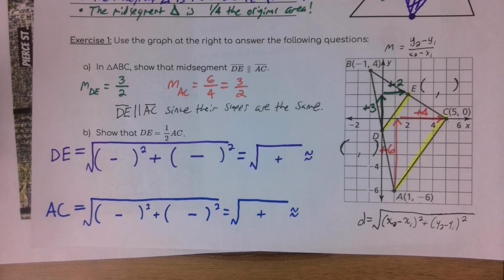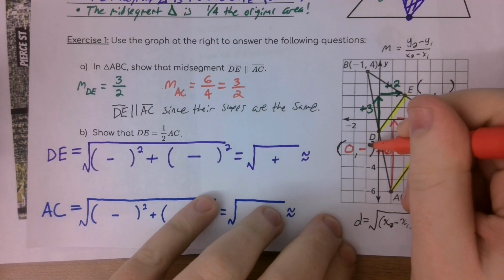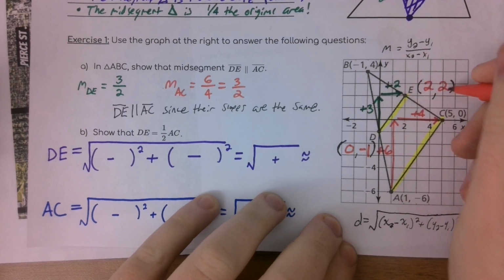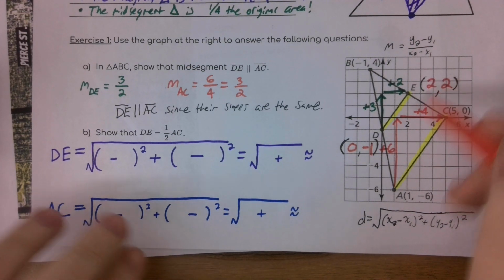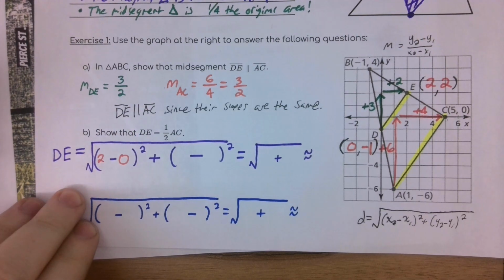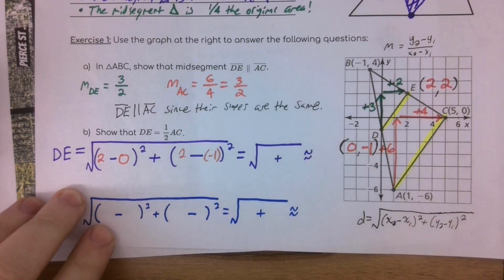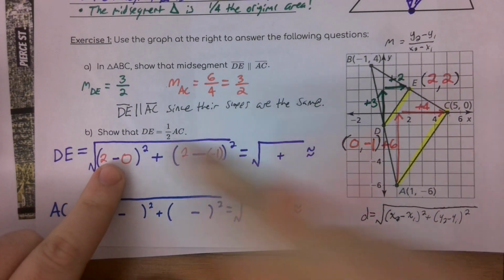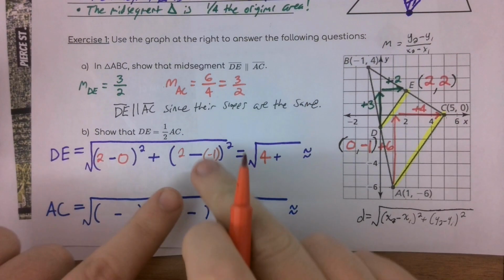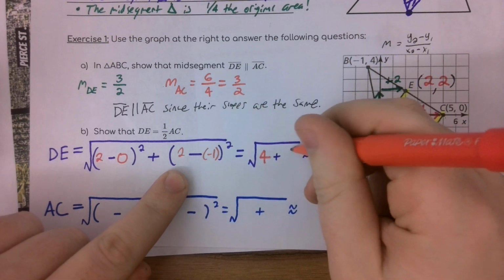Let's take a look together. First things first, let's check these coordinates. Coordinates of D are 0, -1, and E is at 2, 2. So, when we do the distance formula, we compare the x's, 2 minus 0, and compare the y's, 2 minus -1, and do some math. 2 minus 0 is 2, squared is 4. 2 minus -1 is 3, squared is 9.